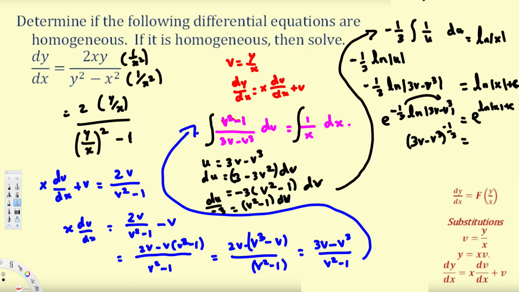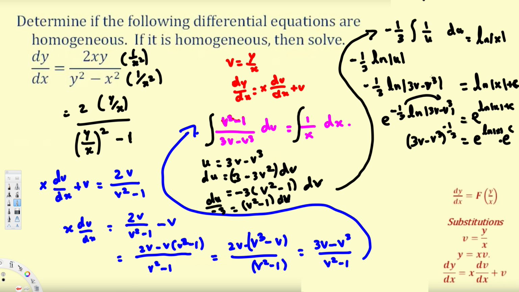And e power ln x plus c is basically e power ln x times e power c, right? Because we know that when we have two powers adding, that means that's a multiplication. So this is same as e power ln x times e power c, right?